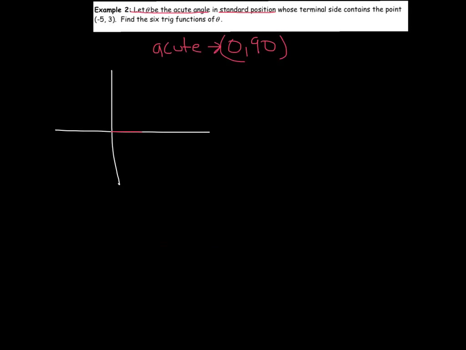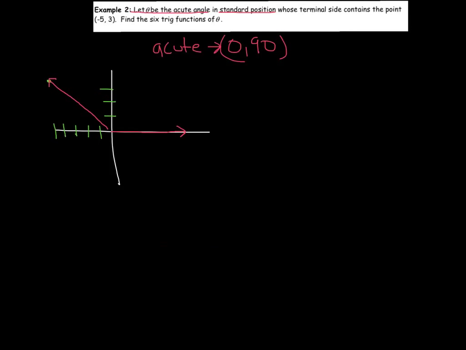So here is one of the sides, and if the point -5, 3, so let's just count that off here. Let's see, 1, 2, 3, 4, 5, and 1, 2, 3. So that is the point right there. And so the other side of the angle is going to be there.